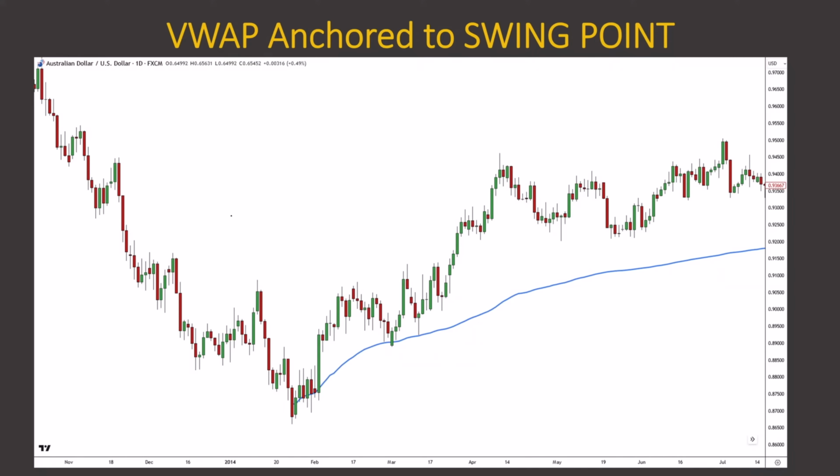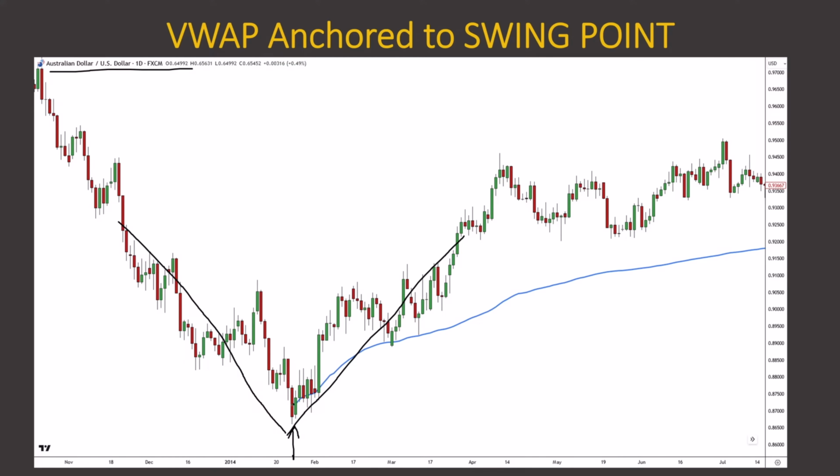Now, here's another example. This is Australian dollar, US dollar, daily chart. This is a very strong swing point here. And if you anchor the VWAP to this candle, to this bullish candle that formed the low, did I say bullish? I meant bearish.